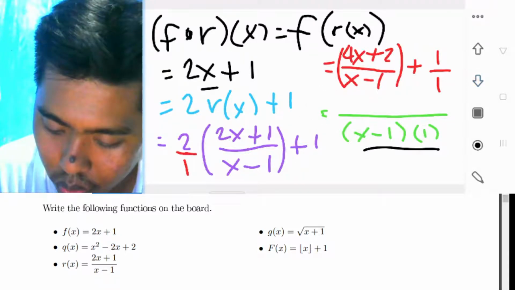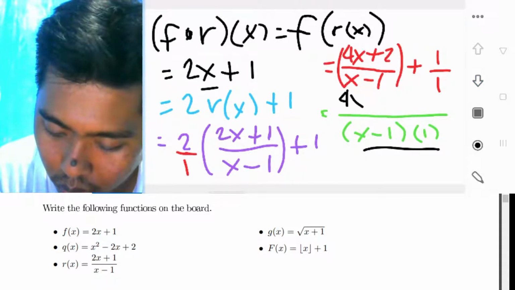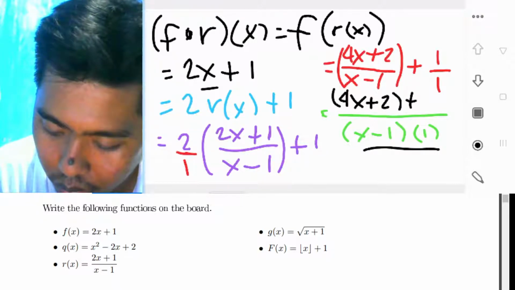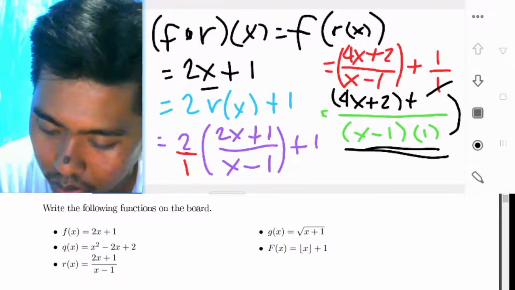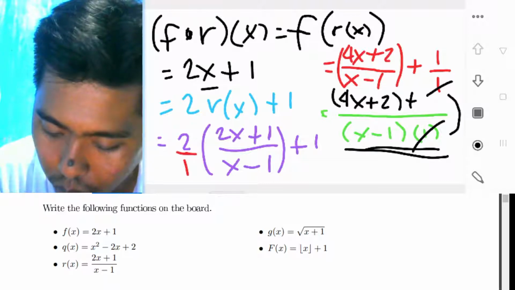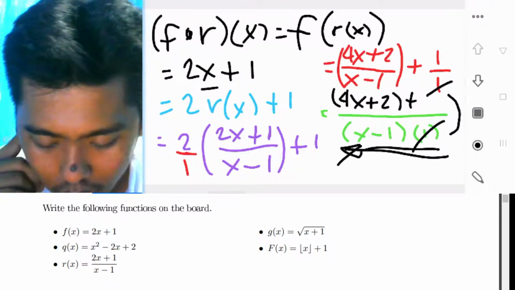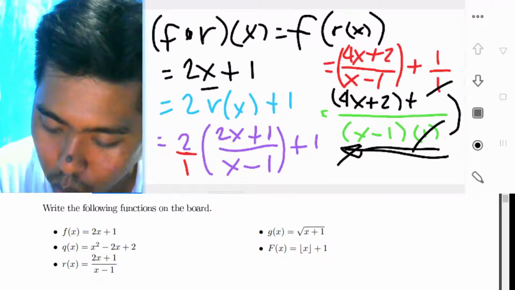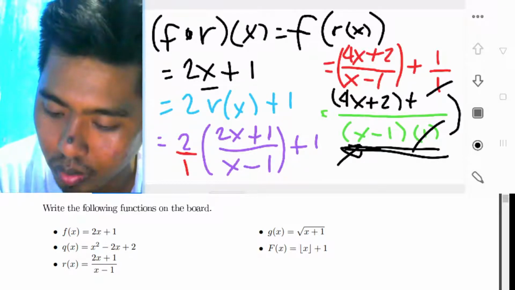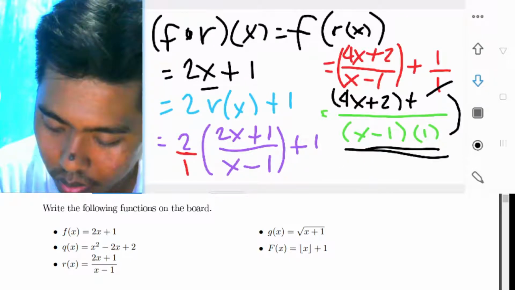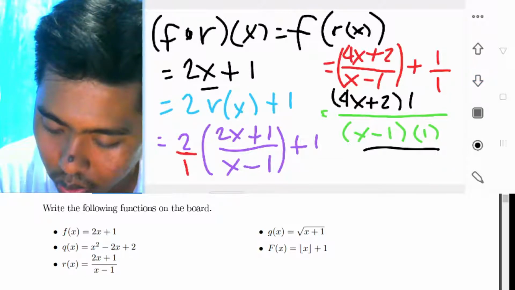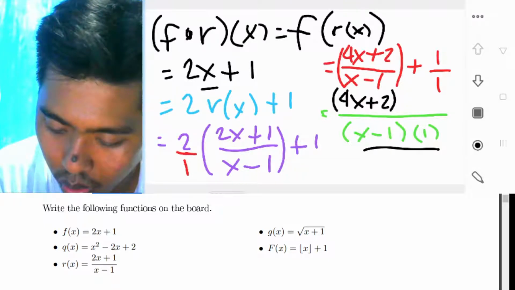Okay, so that would be 4x plus 2. Now just copy the operation. Now these divide to 1, cancel, cancel. So this would be the x minus 1 multiplied to 1. So x minus 1 multiplied to 1 is x minus 1. Alright, so in the top is x minus 1.